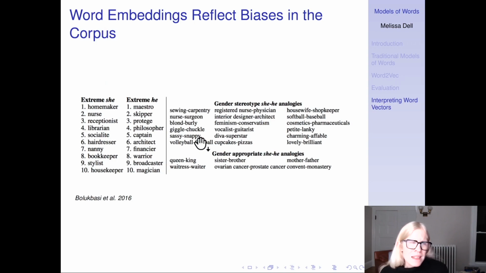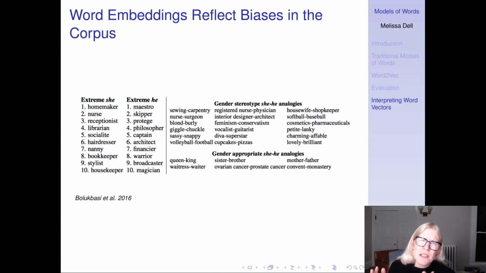Okay, and the final note I wanted to make was from a 2016 paper that I believe was in PNAS, and you'll see it on the reading list. It's using word embeddings on a historical corpus of American English, which is mostly books in the public domain, to look essentially at biases in the corpus.